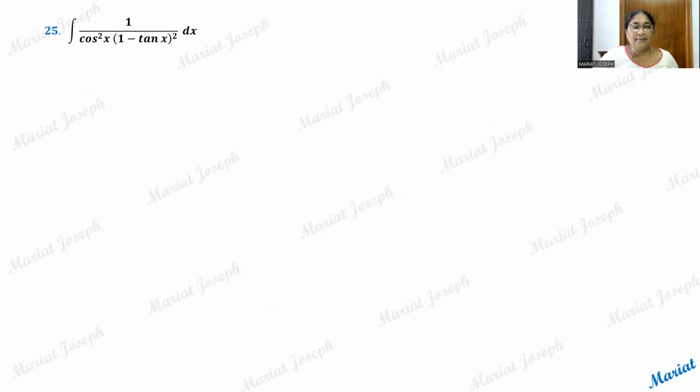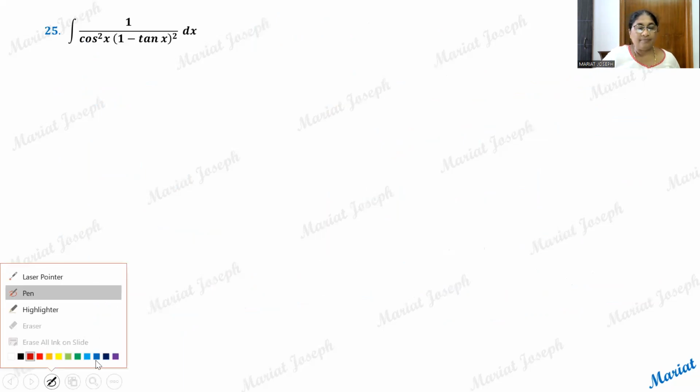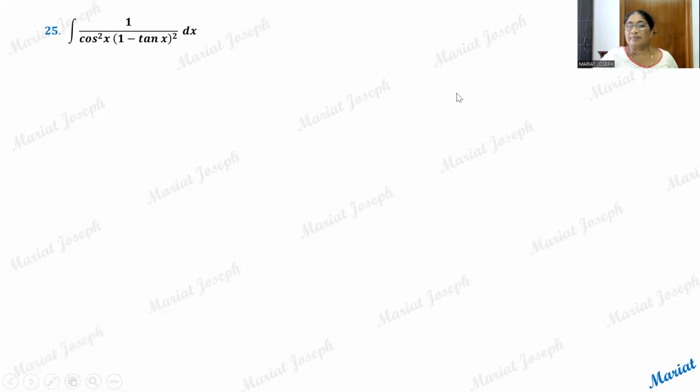Going to another question. Question 25. As we have seen many times, 1 upon cos square x can be written in the numerator as sec square x.